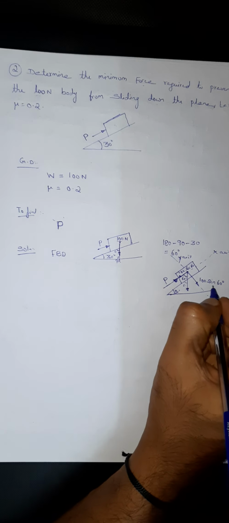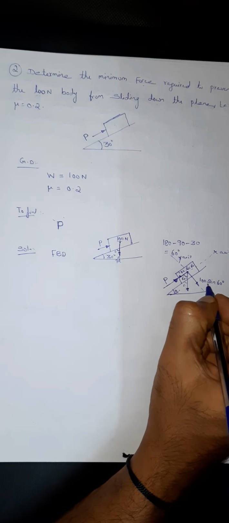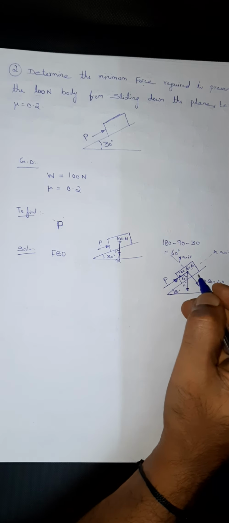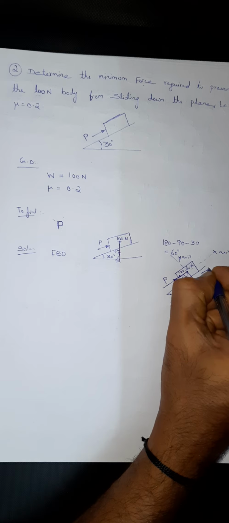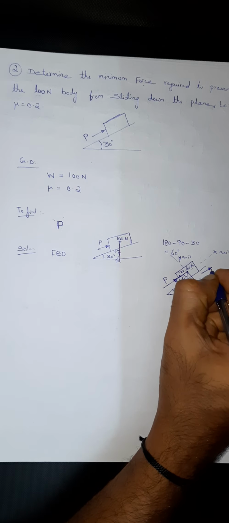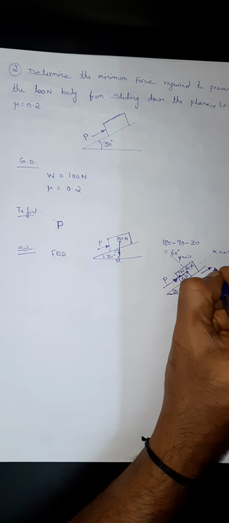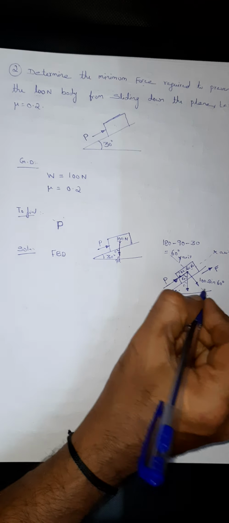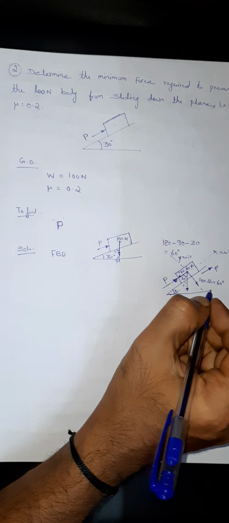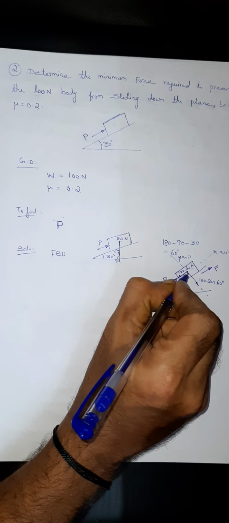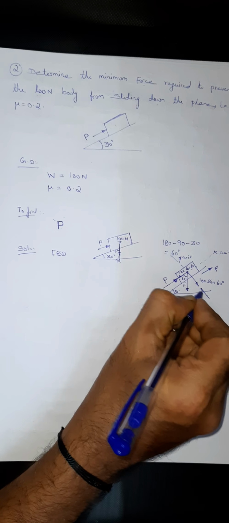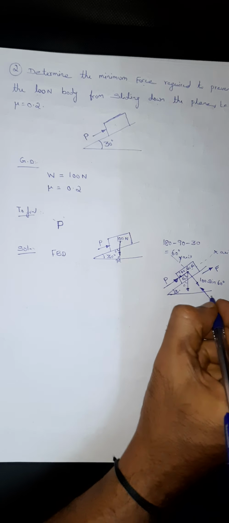Correct. And when this particular object is moving downwards, the frictional force will act opposite to the motion. So this is F. And the reaction will always be perpendicular to the surface of the object. So this is N.